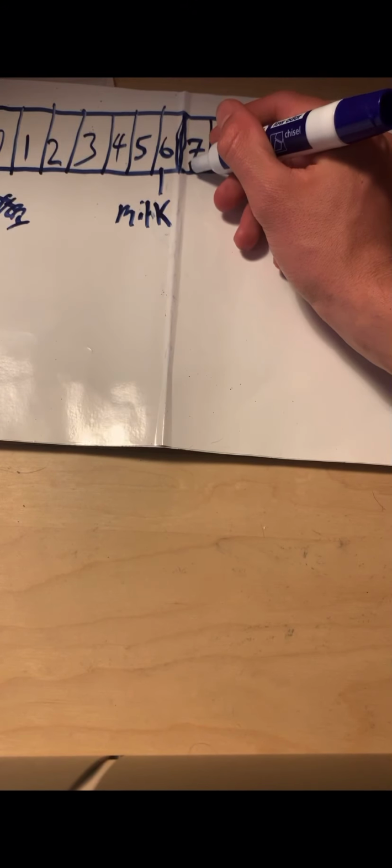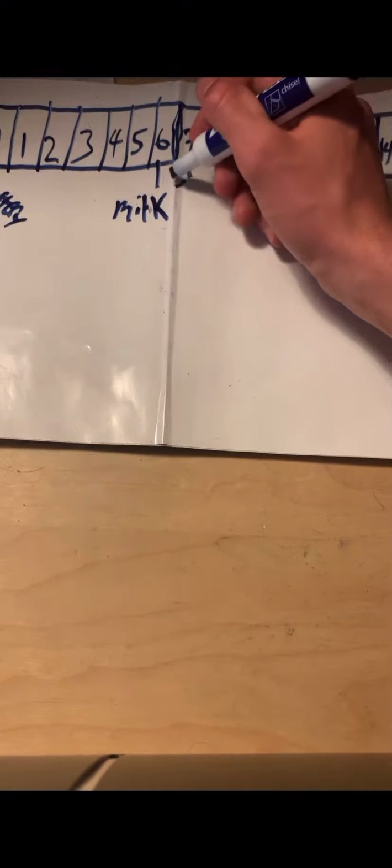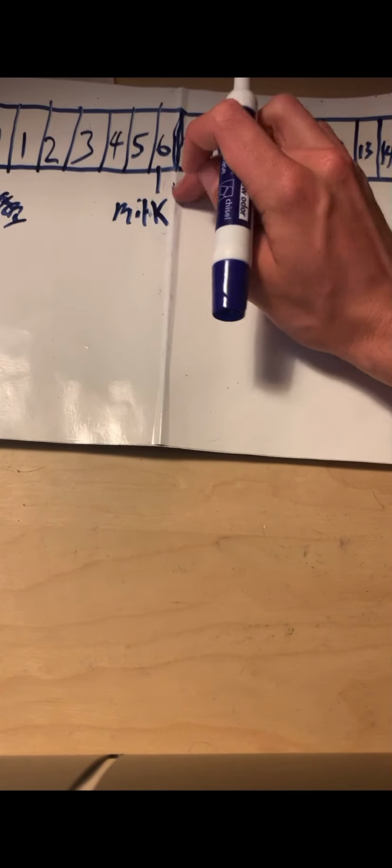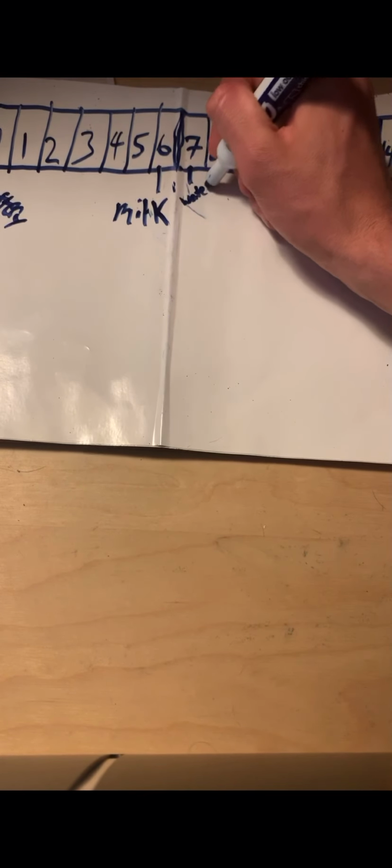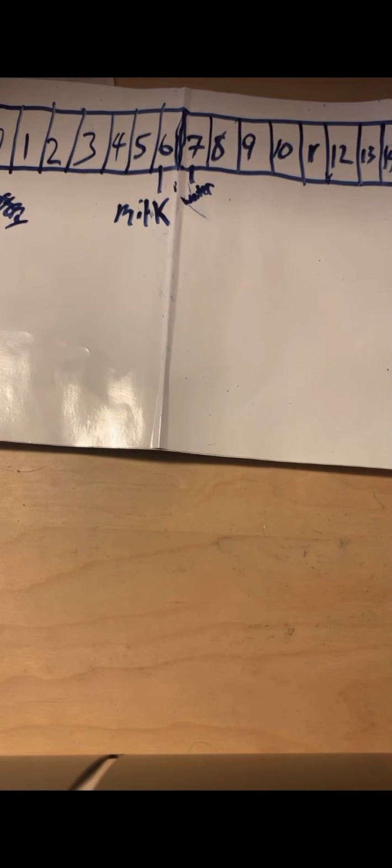Now, number 7 is neutral. You might think, what do I know that's neutral? Or what do I think of when I think of neutral? I think water. Oh my gosh, butchered that writing. Water is neutral here. Now, what is something that is basic but not very basic?